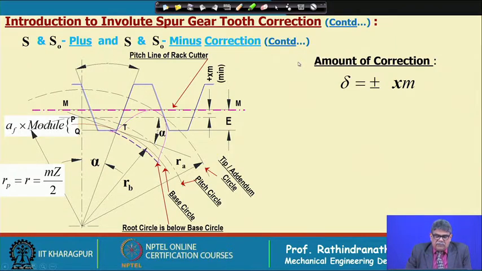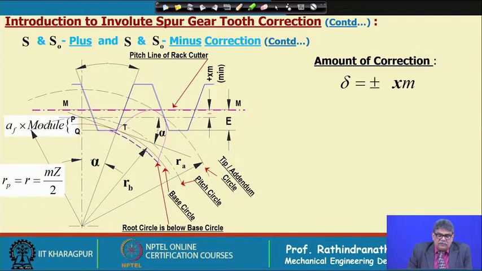Now, the amount of teeth correction, as I told, say this is the rack cutter, the blue lines, that is the rack cutter. Initially the rack cutter pitch axis was passing through the standard pitch circle of the gear which is being cut.